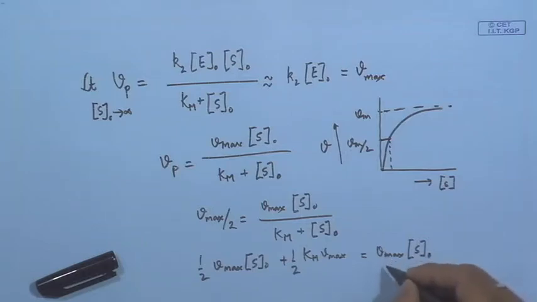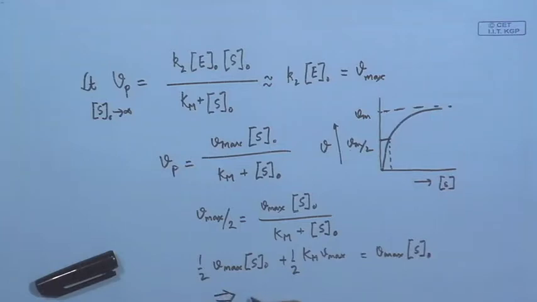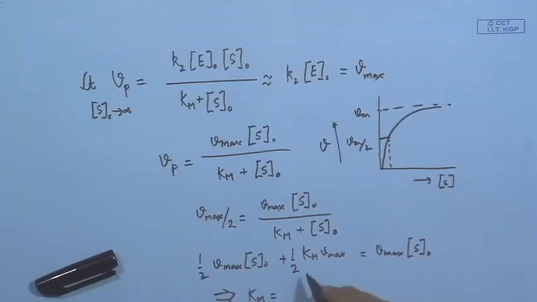So, if you just cancel V max from both sides, you will get Km is equal to S0, because if you transpose it, it becomes half V max S0, so V max gets cancelled.